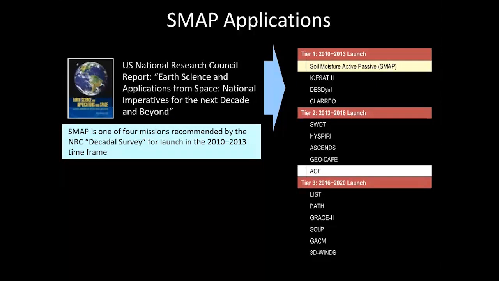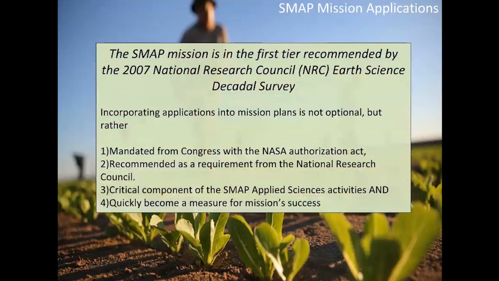So really the applications look at the issues from users versus science, and the National Research Council recommended that applications be formally implemented into the mission structure. Like I said earlier, SMAP is the first mission to do this, and it's looking at not just the mandatory incorporation of applications into the mission plan, but it's also become a critical component of the mission structure.